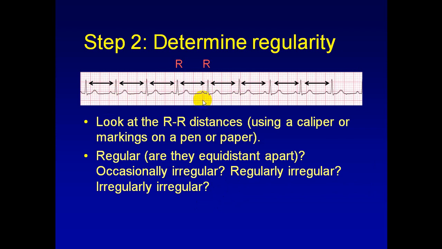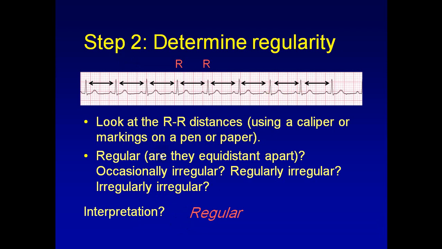If it is irregular and the pattern is repeated, it is called regularly irregular. If it is irregular and not repeated, not following any pattern, it is called irregularly irregular. We will find that when we discuss rhythms such as atrial fibrillation. So the interpretation is that this is regular.